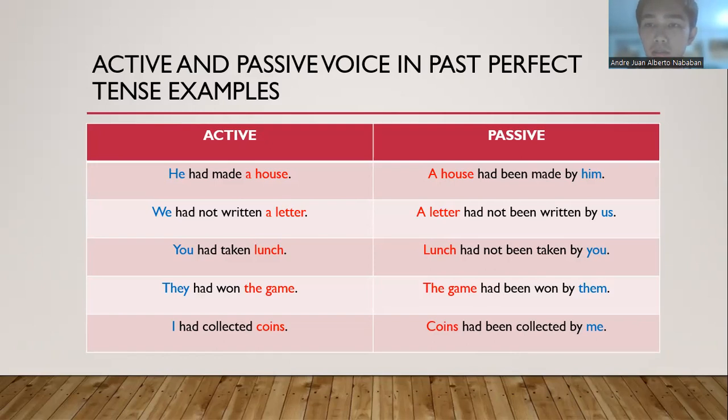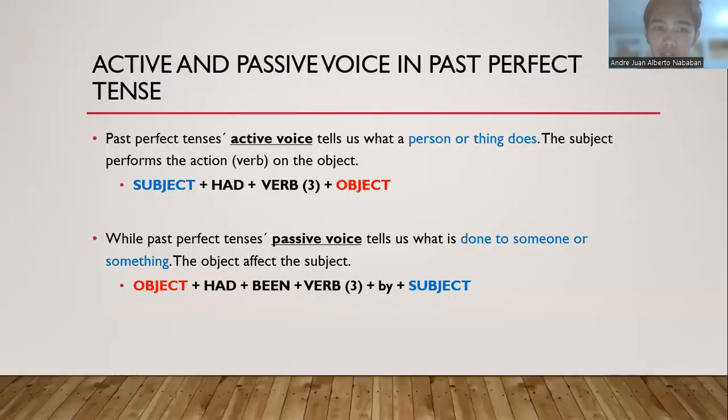And when it becomes passive, it becomes coins had not been collected by me, like that, guys. So I showed you a little bit about the formula here. The active formula is subject plus had plus verb 3 plus object, and the passive formula is object plus had plus been plus verb 3 plus by plus subject.